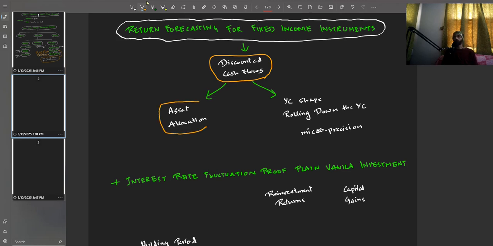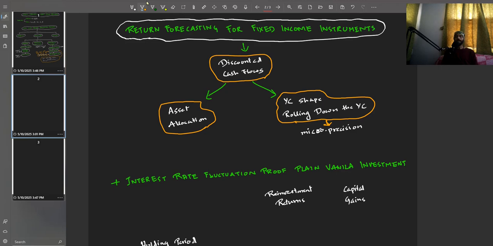There is one level of precision required here, but an even greater amount of precision is required when you are trying to do things like rolling down the yield curve or understanding the future yield curve shape. In these cases, much more precision, or micro precision, is required. And depending on that, you apply different methods or different granularity levels.